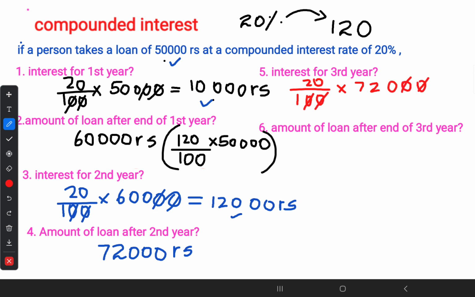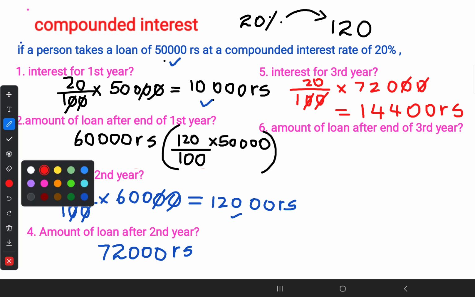After simplification, the interest for the third year is 14,400 rupees. Am I correct? Yeah, 14,400 rupees.